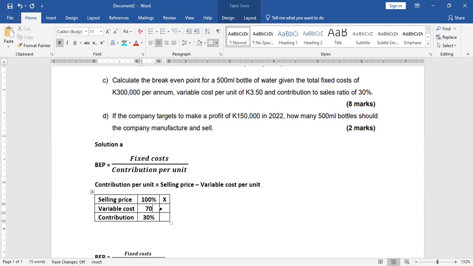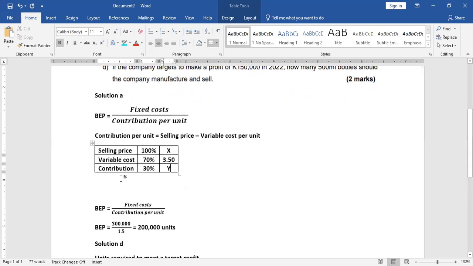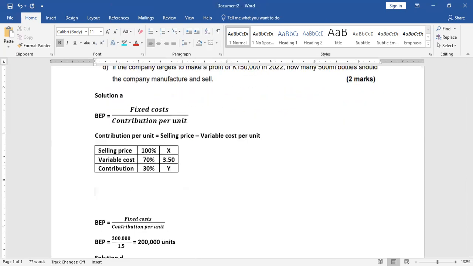So the variable cost in this case is 70%, and the examiner has given us what the variable cost is per unit, which is 3.50, so 3.5 there I put, and then I just don't know what the contribution is. That's what I'm looking for. All right. So now I have got this scenario, and from here we can actually intelligently calculate the contribution per unit by cross multiplying.